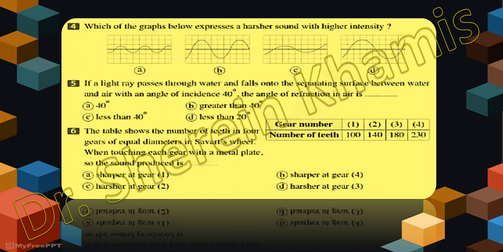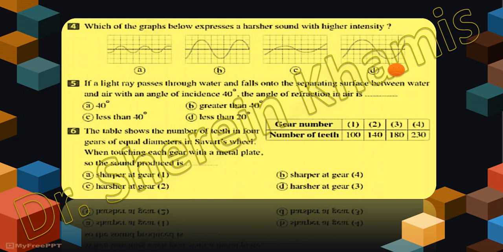So the right answer might be B or D. But the one that makes a longer area, here we have 4 squares, but here we have 3 squares. So the one that gives harsher sound and higher intensity will be the sound in D.